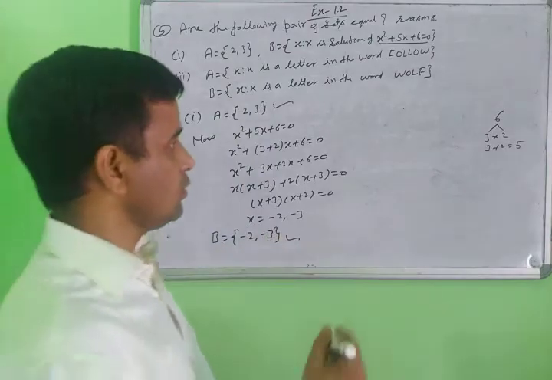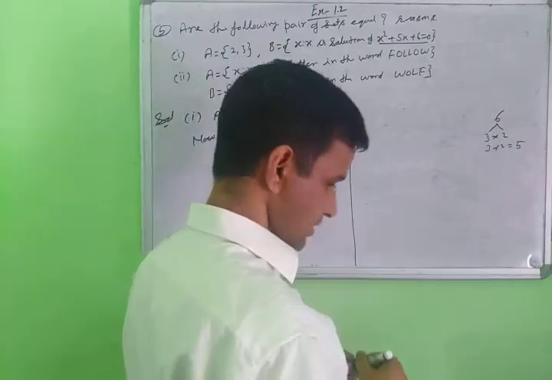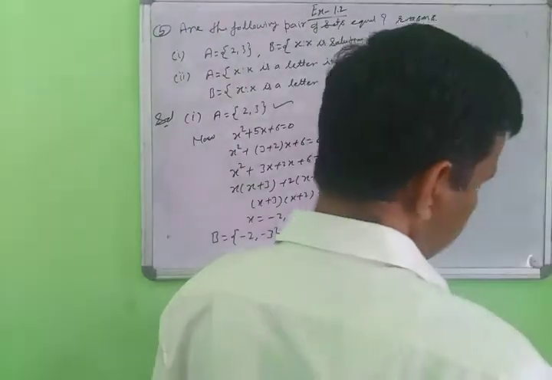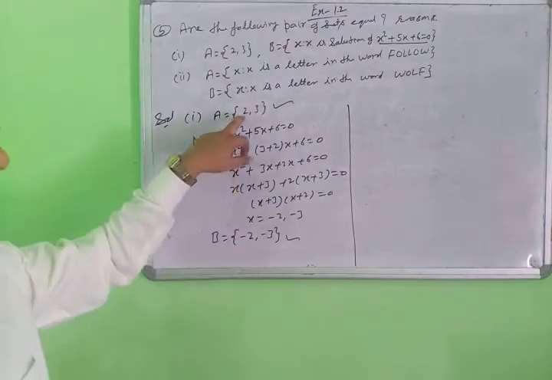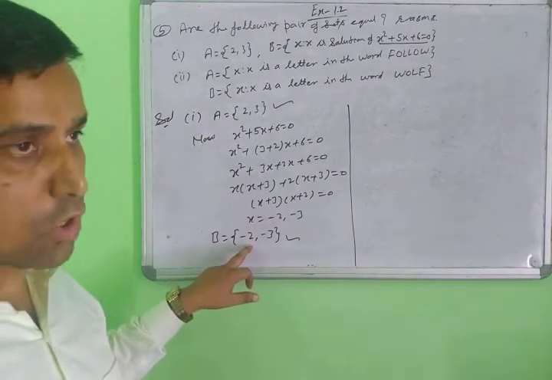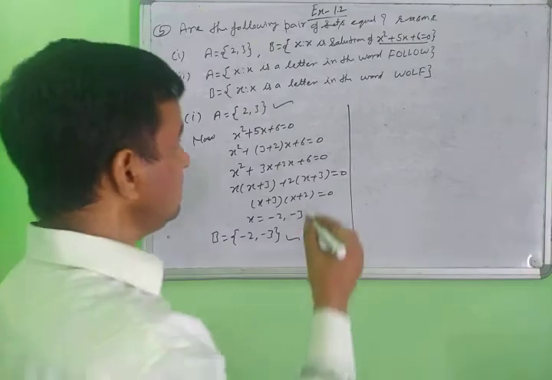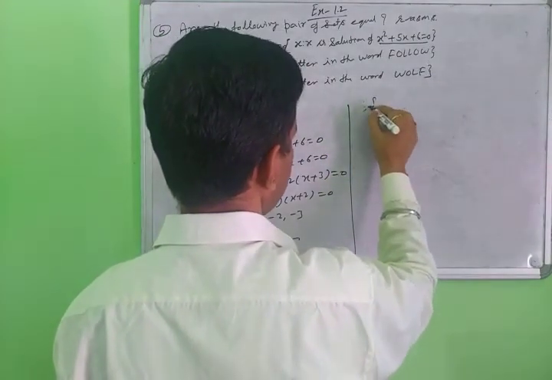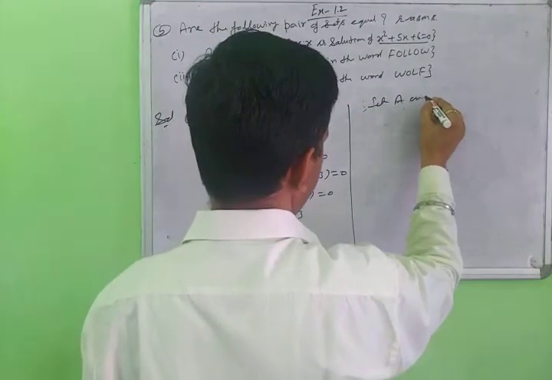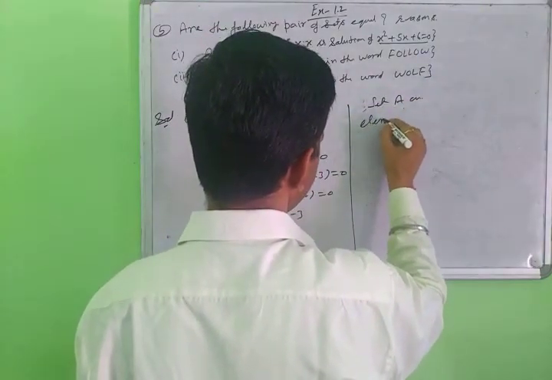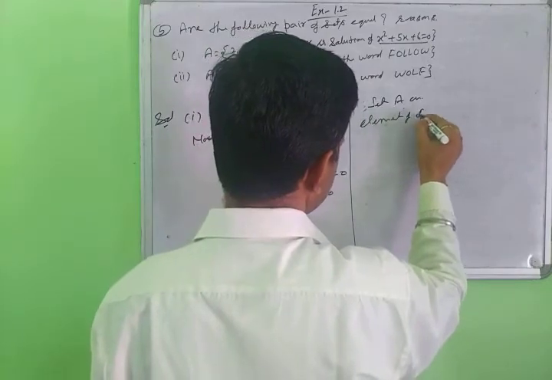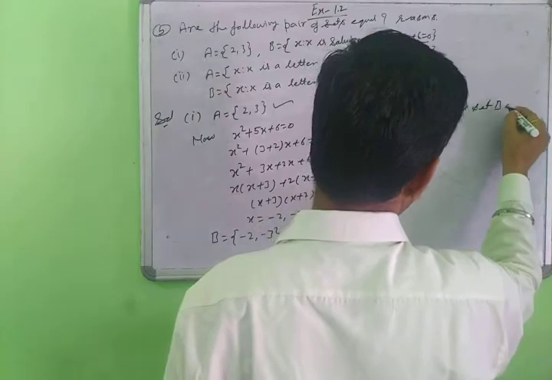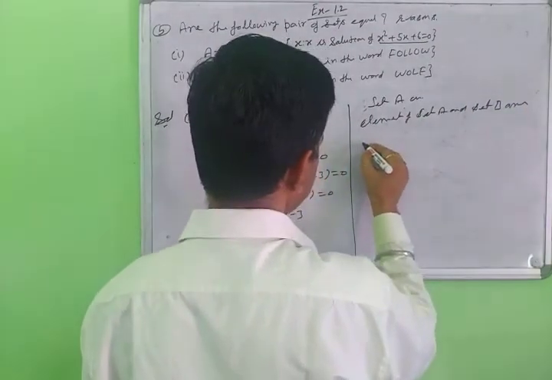So then you can say that the elements of set A and the elements of set B are not equal. Set A and set B are different.